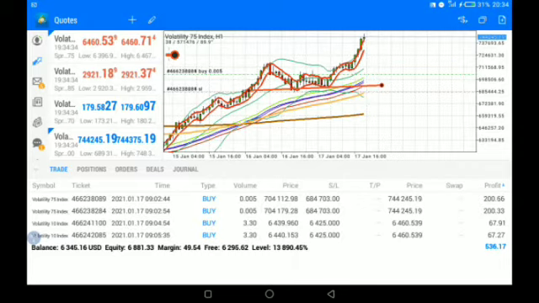You can see about 200 USD floating profit in volatility 75 for each of the positions.